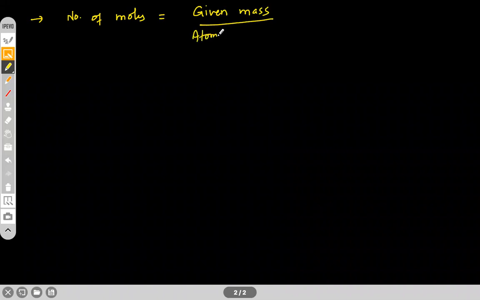So the number of moles, the formula we have seen, is given mass divided by atomic or molecular mass.